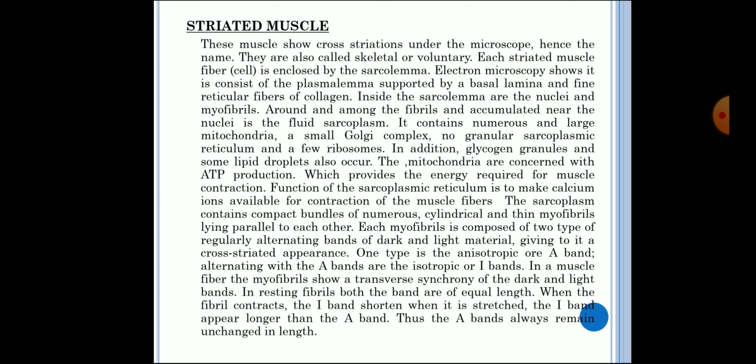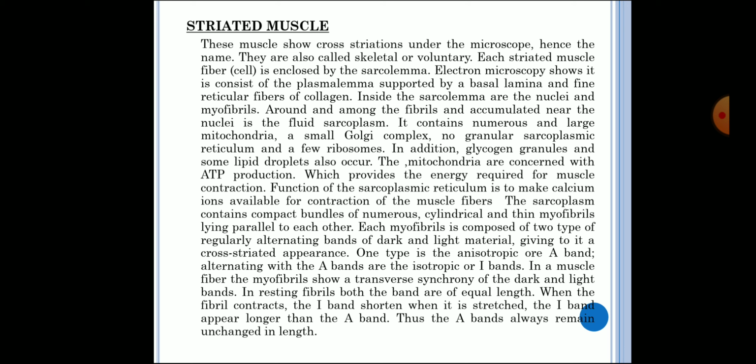Each myofibril is composed of two types of regularly alternating bands of dark and light material, giving it a cross striated appearance. One type is the anisotropic or A band, while the other type is the isotropic or I band, which are alternately present.